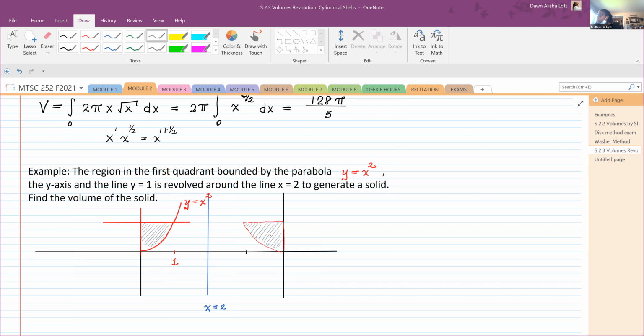Okay, so now I'm going to pick an x between 0 and 1. Here's my x. And right there, I am going to draw a line. And it has to be inside the region. And of course, that line is going to pop up on the other side inside the region.